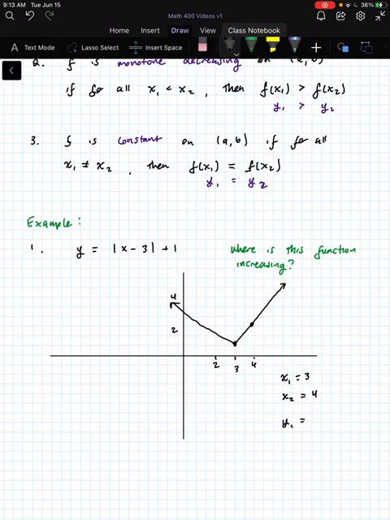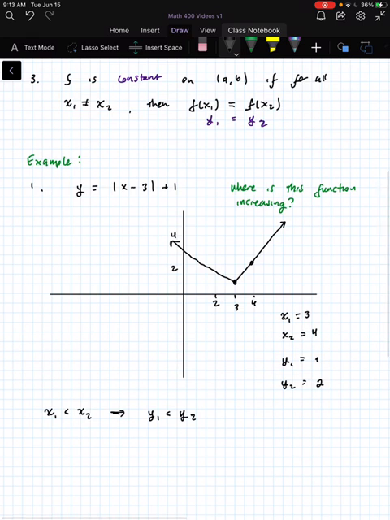So y1, if you plug in 3, remember that gives us 1. And y2 is 2. So in this case, x sub 1 less than x sub 2 tells us that y sub 1 is less than y sub 2, which means this is increasing at least for an interval containing 3 and 4.